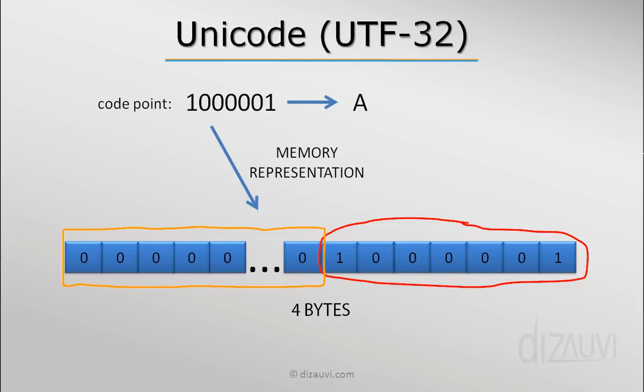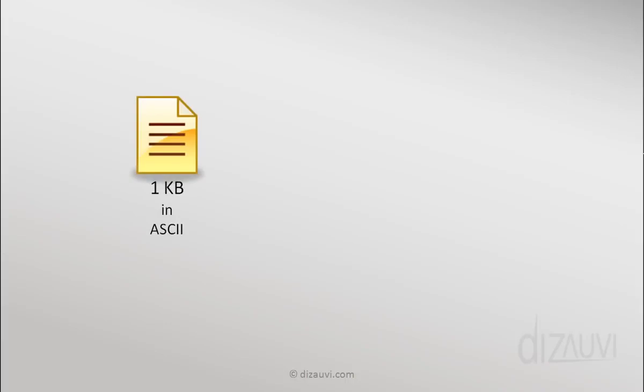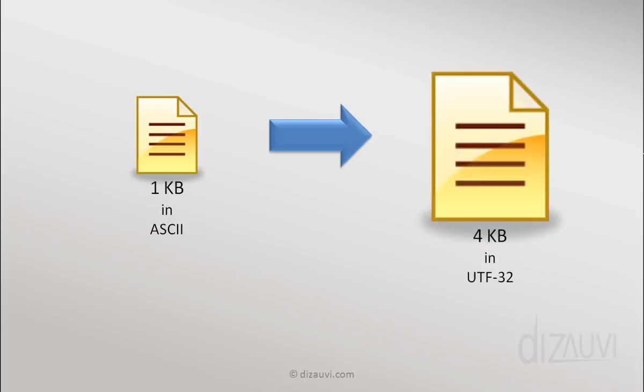And that would mean that if there was a file of size 1 KB, containing only ASCII characters, it would become 4 KB in UTF-32 without adding any more information. Not only will it affect the data transfer times, it's actually a huge wastage of memory, okay? Moreover, porting all the existing data to the new style of encoding itself was a huge deal. So UTF-32 sort of took the backbench.